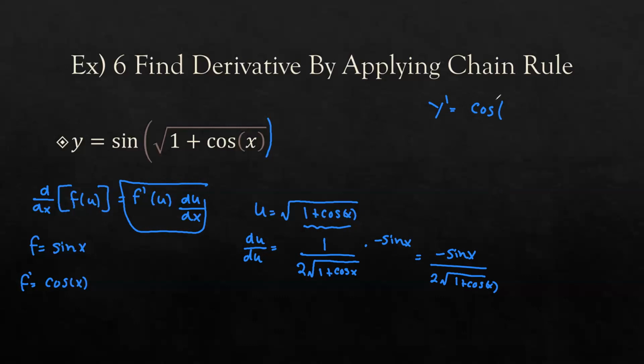Our u, we said, was the square root of 1 plus cosine x, times du dx, which is negative sine x over 2 square root of 1 plus cosine x.